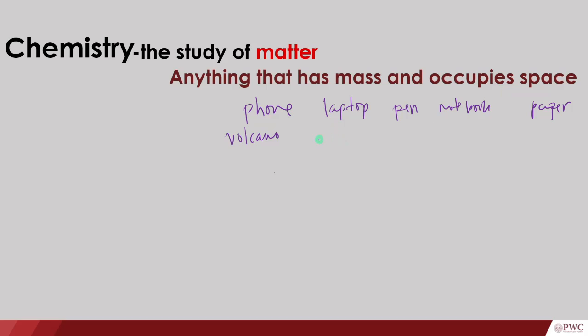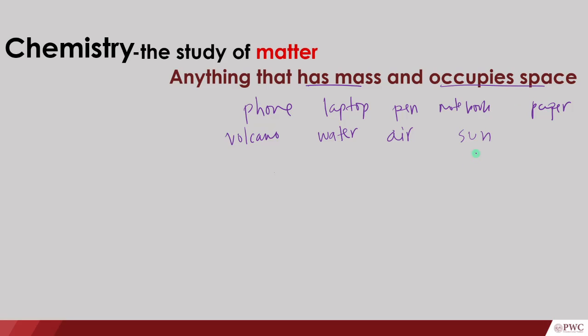Also, water is made up of matter. Air, the air also has mass even though it is very light, but the air also has mass and it occupies space. The air also is a form of matter. We also have the sun. Of course, the sun is the heaviest object in the solar system and also the largest object in the solar system.